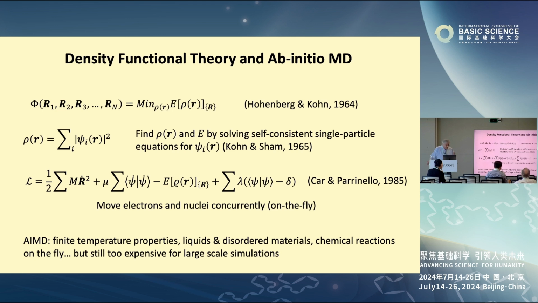And if one plugs that into the functional, one obtains that the minimization problem is equivalent to solving a set of self-consistent single particle equations for the orbitals, the Kohn-Sham orbitals psi_i(r).